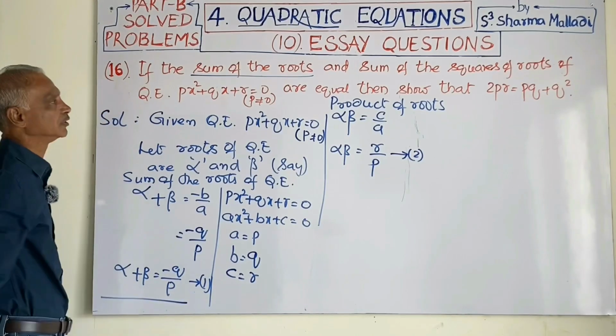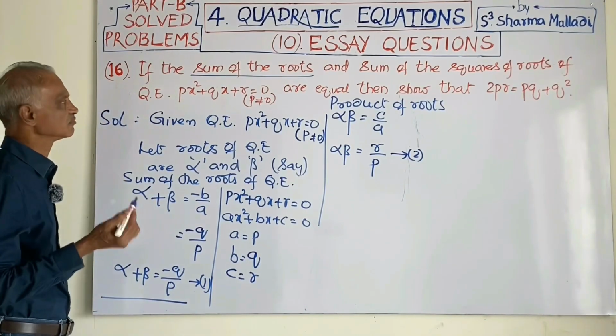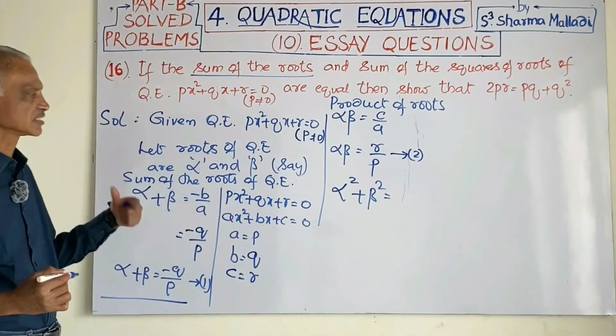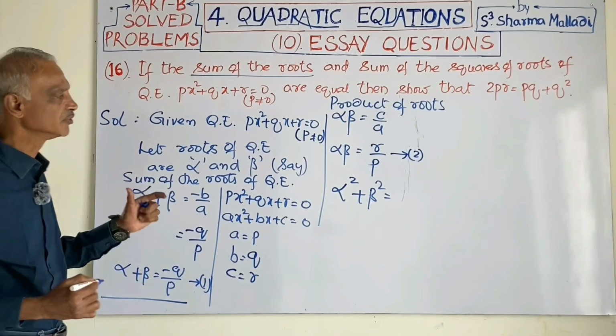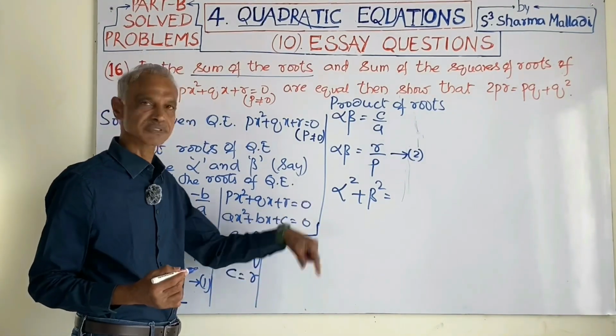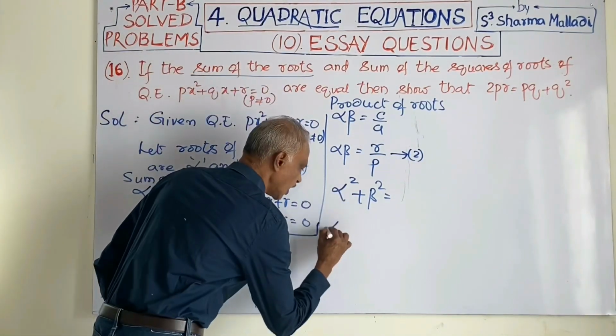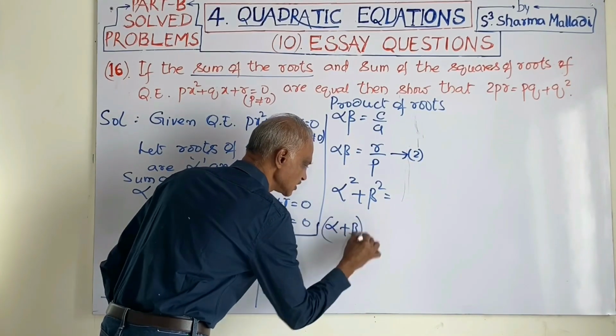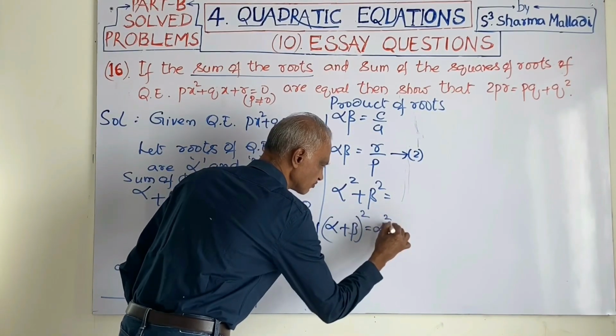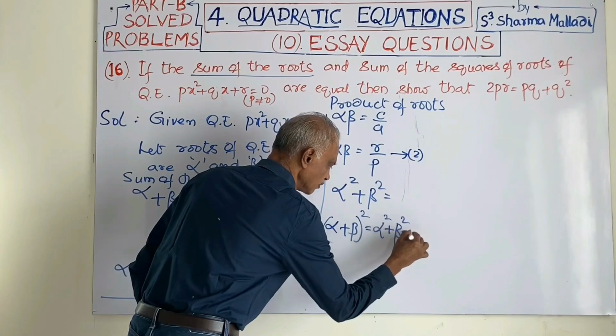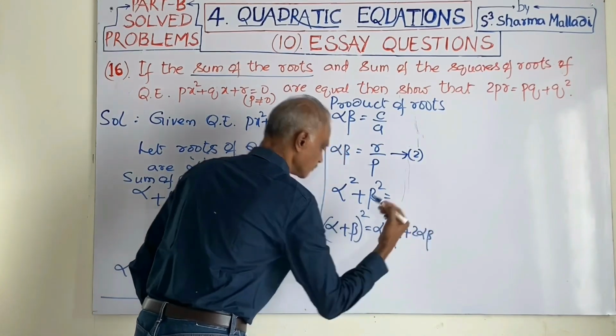Now he is saying sum of the roots means alpha plus beta is equal to sum of the squares of the roots of the quadratic means alpha square plus beta square. We have to find this. How can you find alpha square plus beta square? Now you see, alpha plus beta whole square can be written as alpha square plus beta square plus 2 alpha beta.